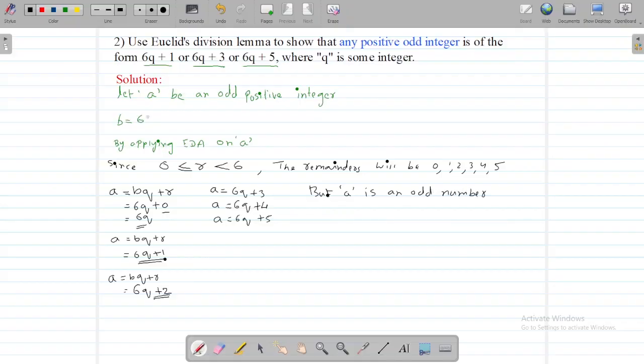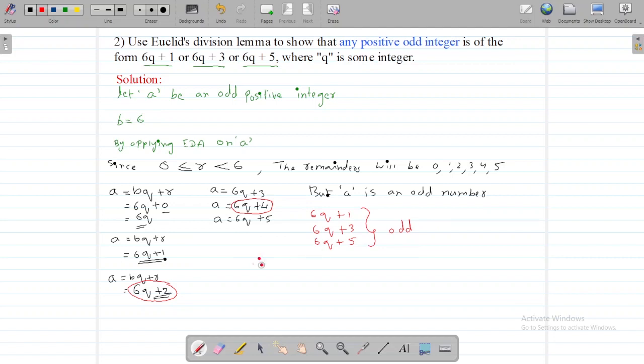So if the number is odd, we can't take 6q, 6q plus 2, 6q plus 4, but we can take 6q plus 1, 6q plus 3, 6q plus 5. So these are our odd numbers.